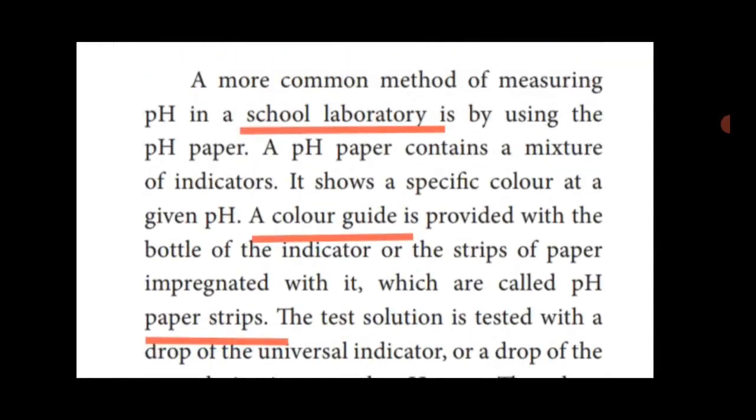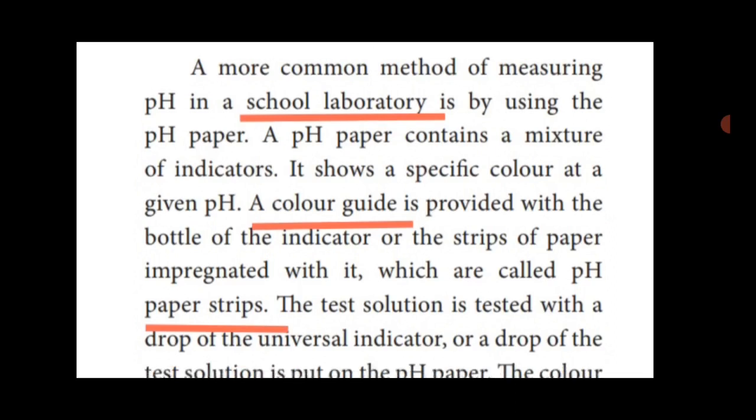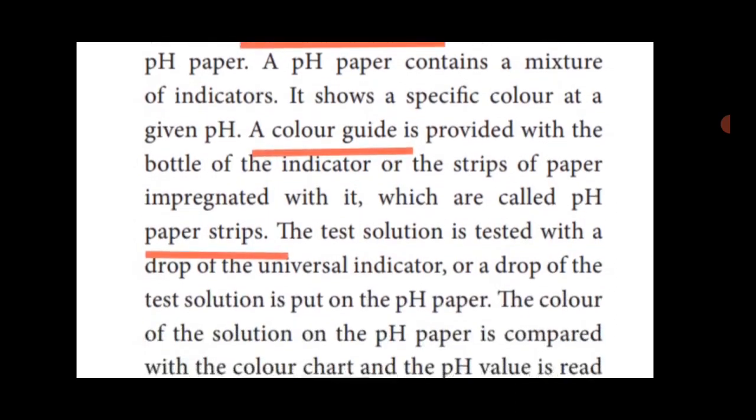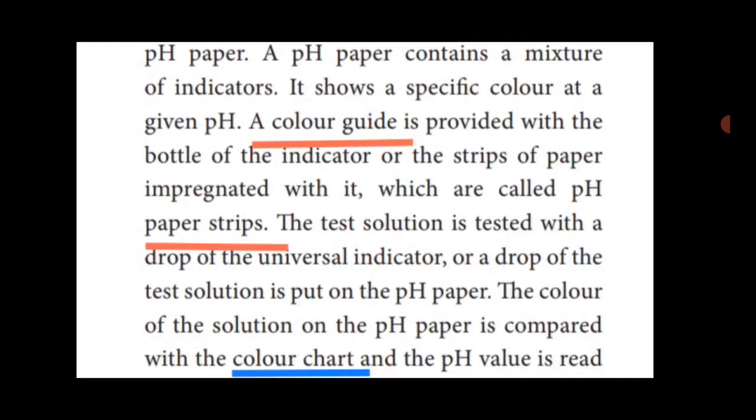The more common method of measuring pH in a school laboratory is using pH paper. The pH paper contains a mixture of indicators and shows a specific color at a given pH. The color guide is provided with the bottle of indicator or the strips of paper impregnated with it, which are called pH paper strips.